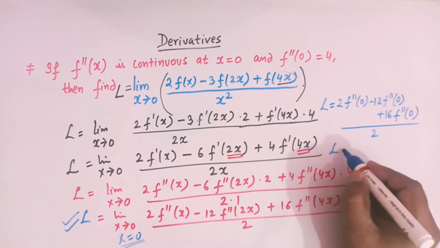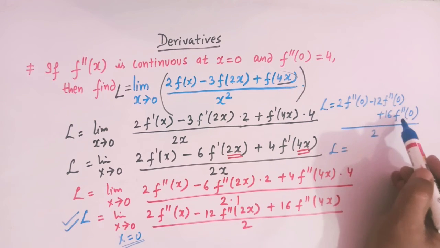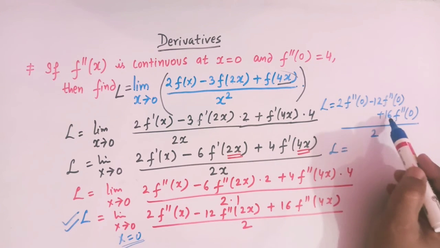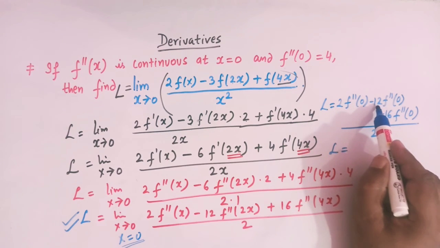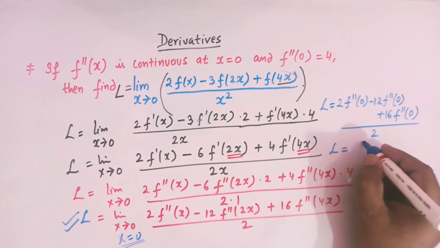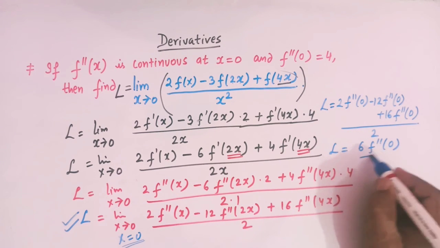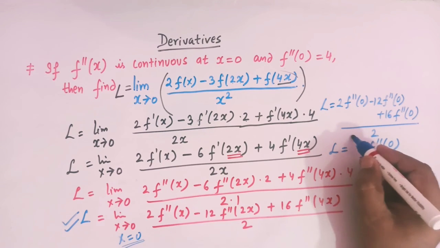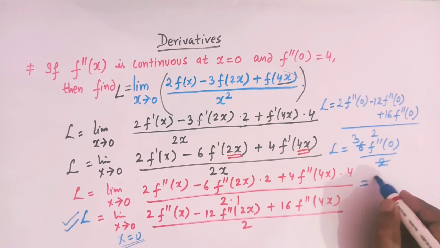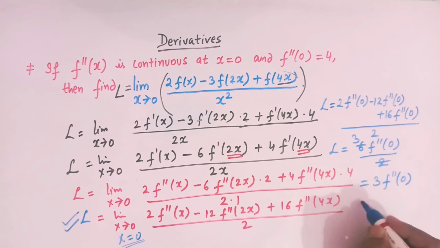So now the limit L is equal to, all these are like terms, so we have 16 plus 2 is 18, and 18 minus 12 is 6, right? So we have 6 times f double prime of 0 divided by 2, and this is 2 times 3, so we have 3 times f double prime of 0, right?